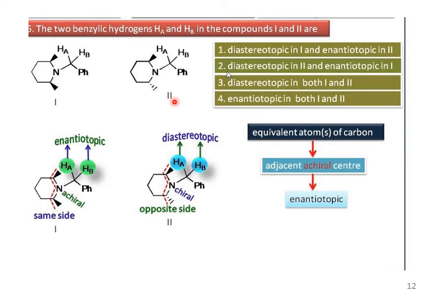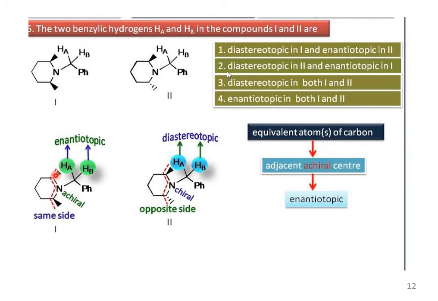If you see that the protons HA and HB are on the same face, same side, then the protons are enantiotopic. Because here this is cis and this is trans, here the two protons are not equivalent, because here is an alpha and this is a beta methyl, this is the chiral center. That is why HA and HB are diastereotopic.